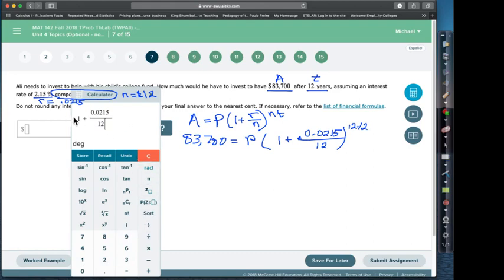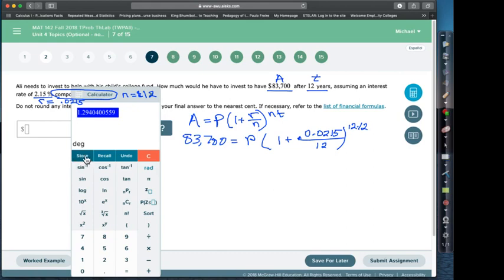I guess I should have put a parentheses, but you can always come back. If you haven't used the calculator in Alex, I encourage you to practice with it. It's good because it shows exactly what the formulas are supposed to look like, and you can see when everything's in the right place. So we're going to calculate that first, and then we're going to take that number and store it.